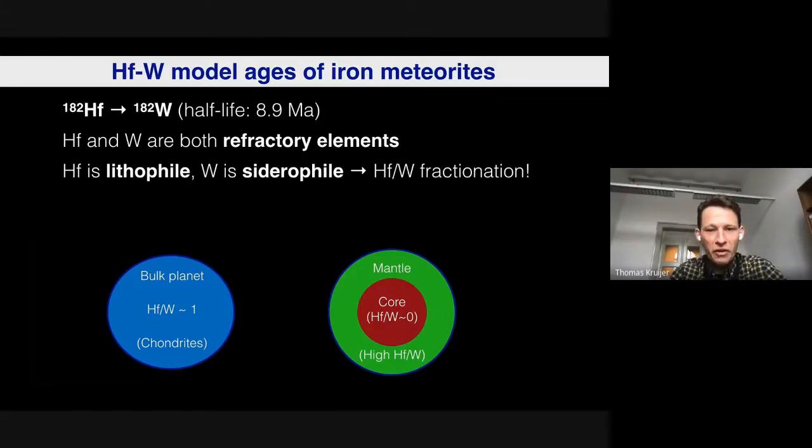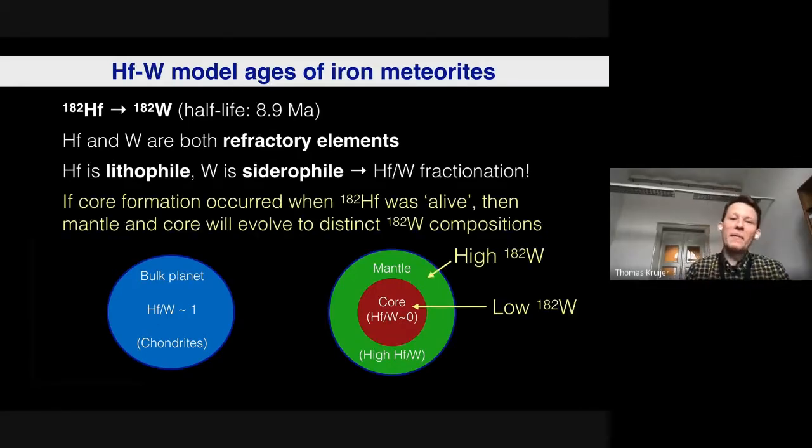So if a core forms after a bulk planet has accreted, shown by the blue body here to the left, the mantle will develop a high hafnium-tungsten ratio, and the core a hafnium-tungsten ratio of about 0. And this fractionation is exactly what you need to date a process like core formation. You need a fractionation of the parent-to-daughter ratio.